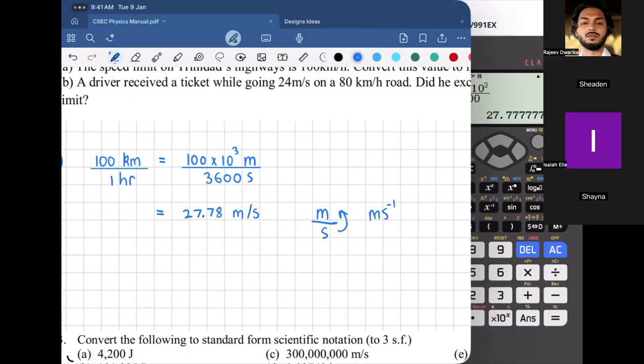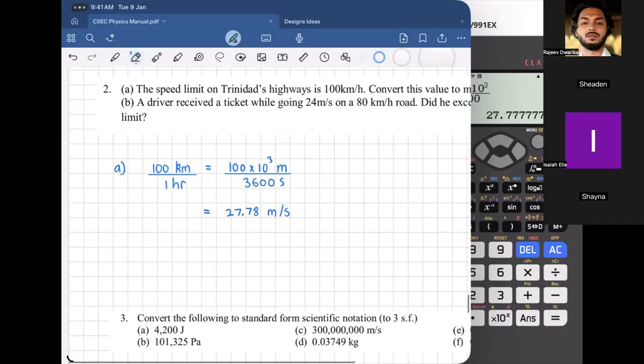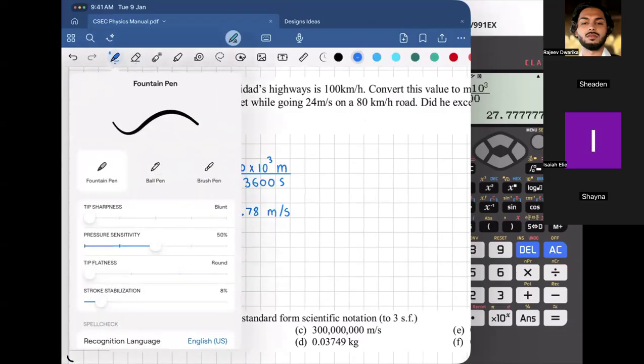Notice s is in the denominator and it's understood to be to the power 1. If you bring it up, it'll be m by s to the power minus 1. Shay, are we confused or do you understand that? Understand. Sheena, confused or you good? Okay, cool.